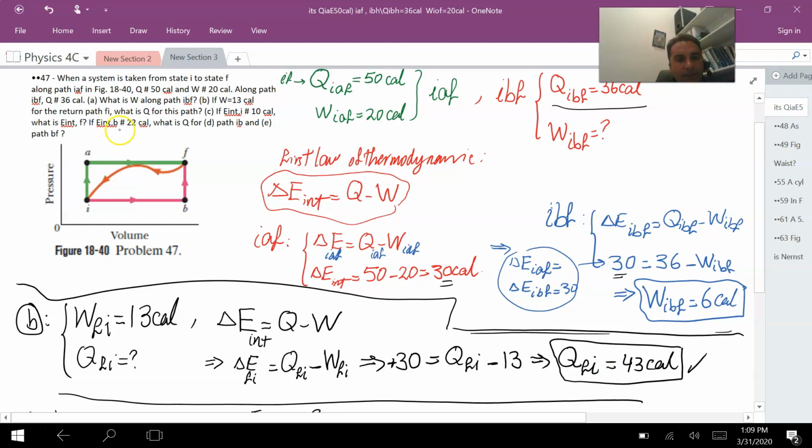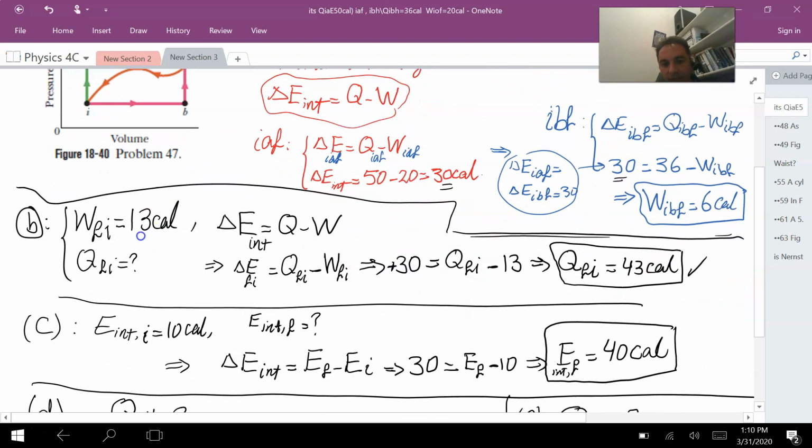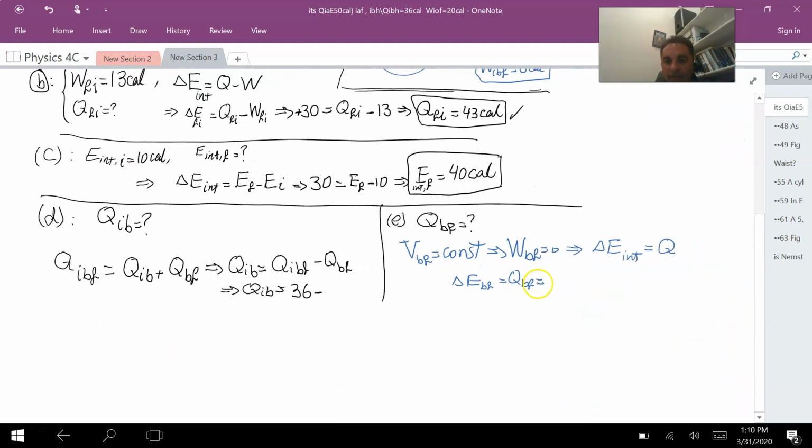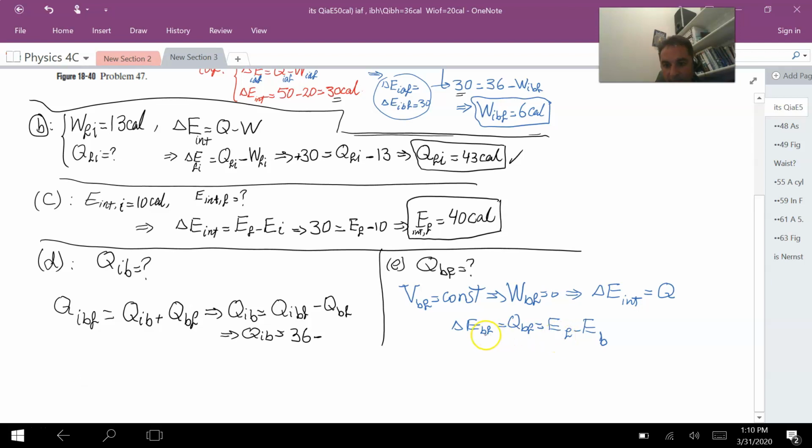Okay, internal energy at point B is 22, correct? And at point F, as we found it, it was 40. So it will be EF minus what? EB, sorry, small b, EB, final minus initial. What is EF?